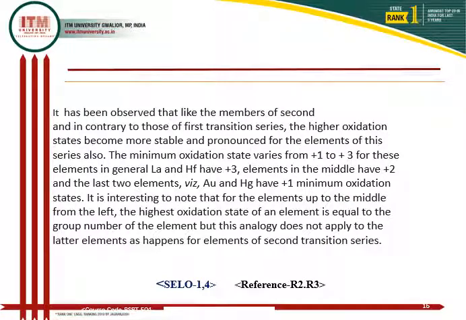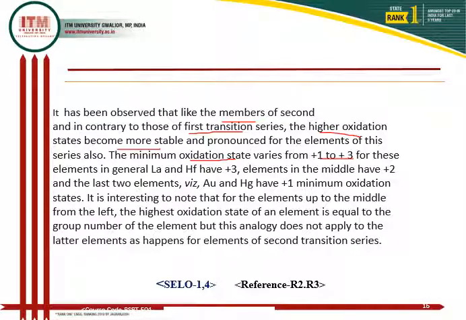So it has been observed that between the members of the second transition series and those of the first transition series, we can see the similarity. The higher oxidation states become more stable, and the minimum oxidation state varies from 1 to 3.